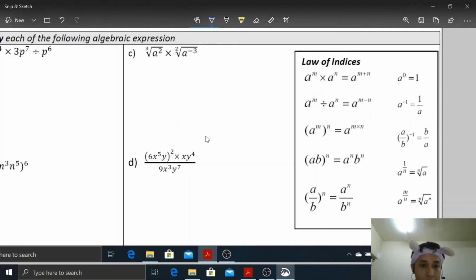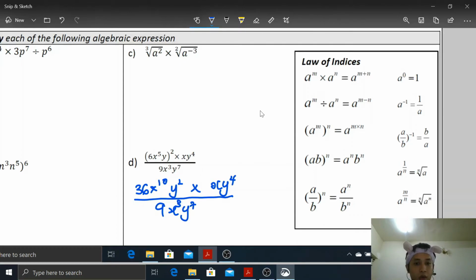Once I multiply in, what I will get is 36, because 6 squared is 36, multiply with x to the power of 10, and y to the power of 2, and then multiply x y to the power of 4, divided by 9 x to the power of 3 y to the power of 7.